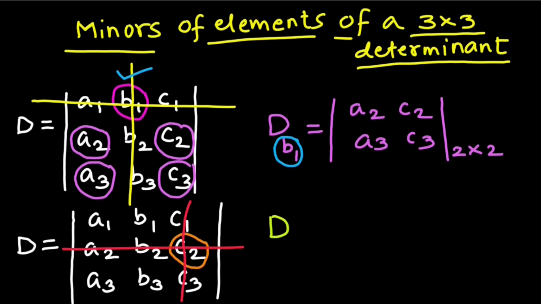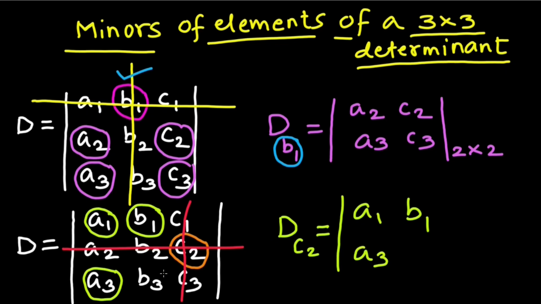Let's call it D c2, which contains elements a1 b1 a3 and b3. So the determinant D c2, which is a1 b1, a3 b3, is the minor of this element c2.